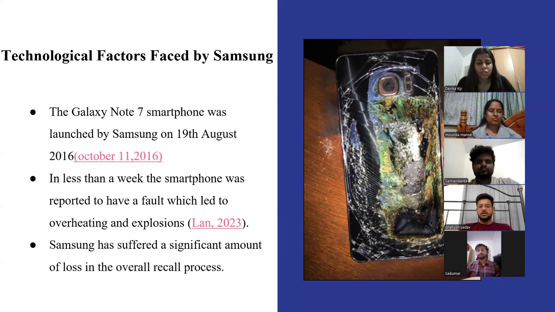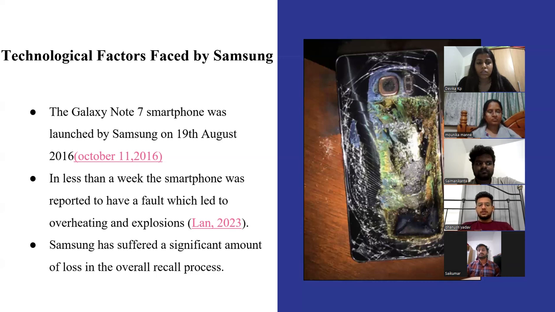Soon, instances of explosions were reported from across the world, including South Korea, China and more. The incident led the company to a significant amount of loss and decreased trust in the brand among customers.